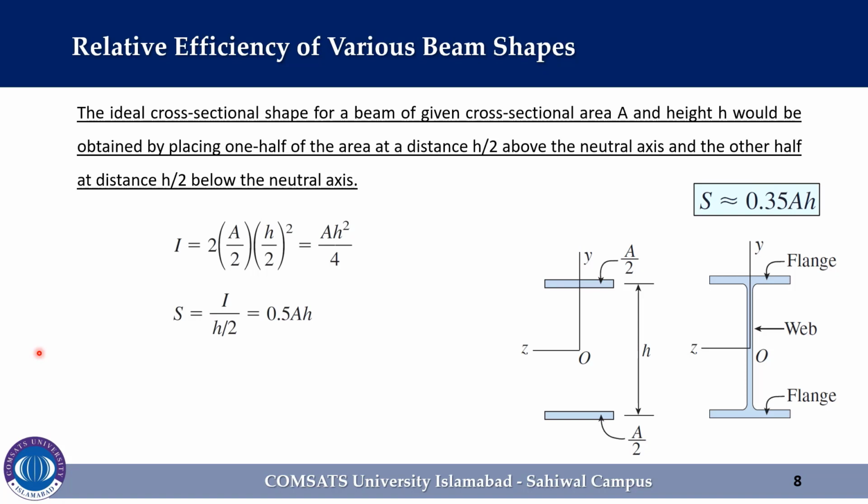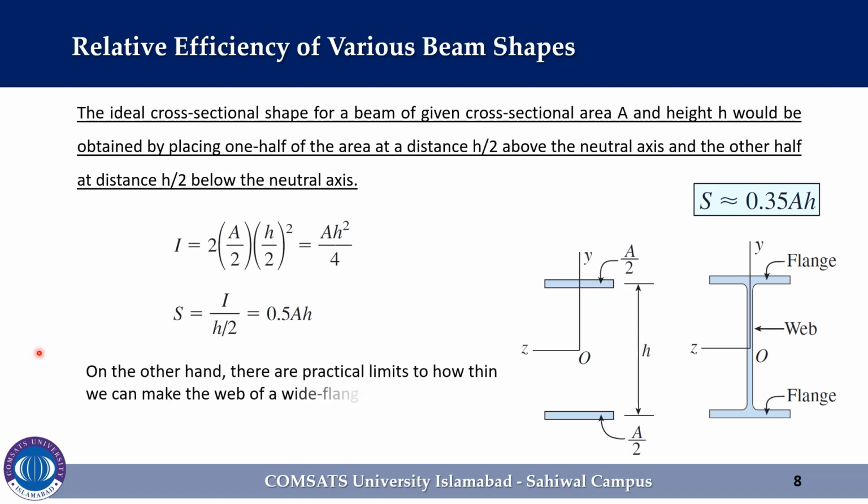Another desirable feature of a wide flange beam is its greater width and hence greater stability with respect to sideways buckling when compared to a rectangular beam of the same height and section modulus. On the other hand, there are practical limits to how thin we can make the web of a wide flange beam. If the web is too thin, it will be susceptible to localized buckling or it may be overstressed in shear.